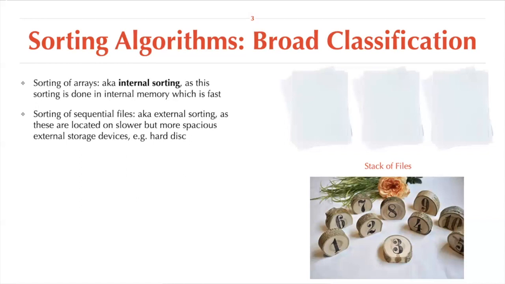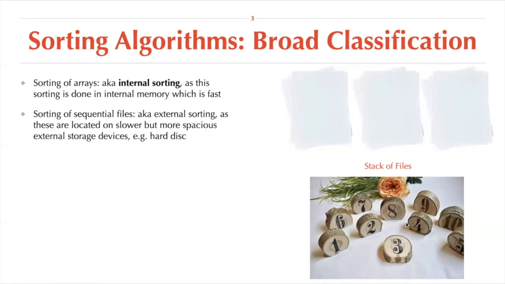In the array, like in internal sorting, we have elements like some cards present on the table surface, or we can see in the picture below a stack of files. This kind of arrangement is there for array sorting.